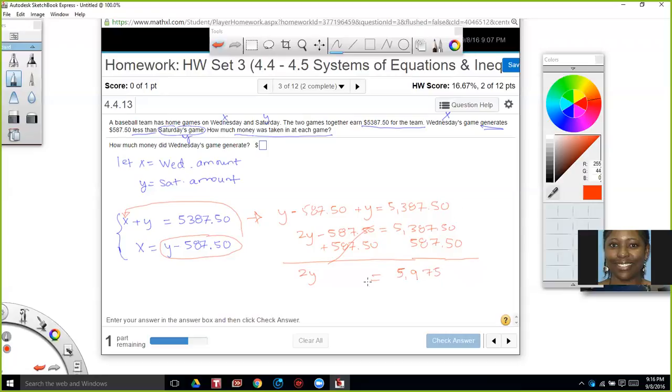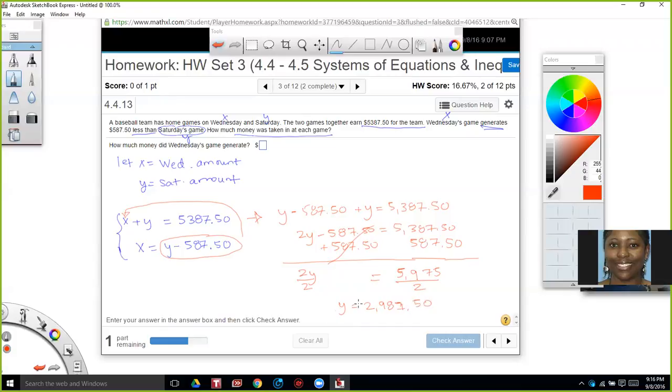Okay, and now to solve for y, divide that by 2, and so you get y equals $2,987.50.